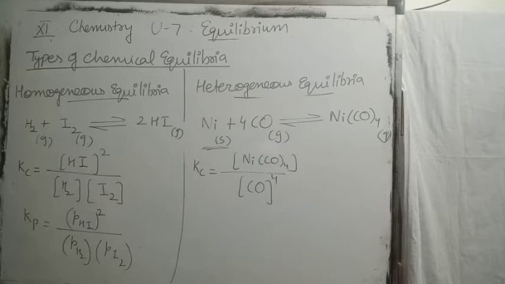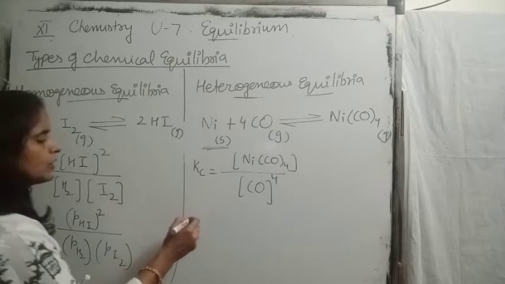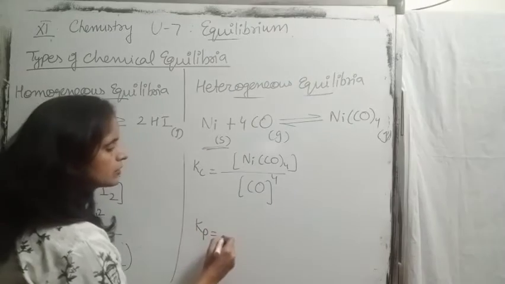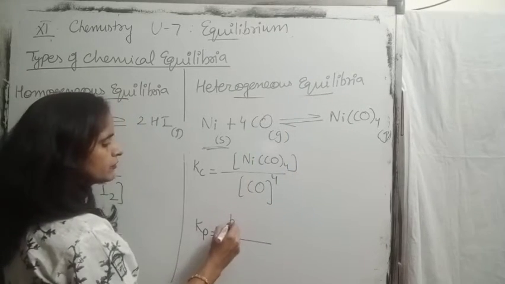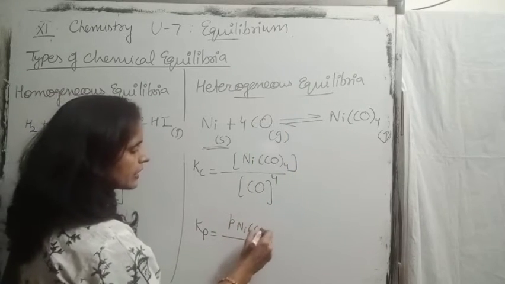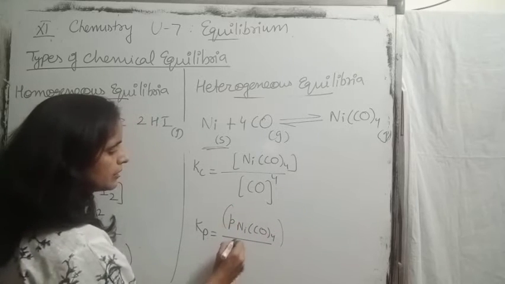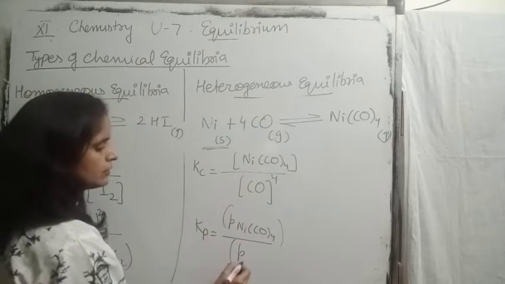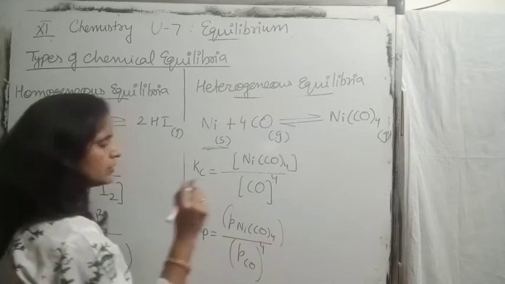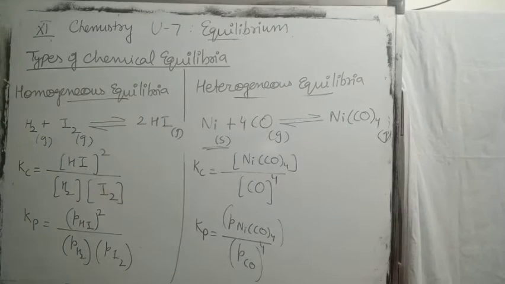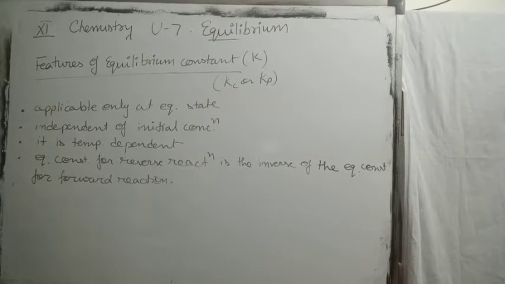Then we write Kp for the similar reaction, only written for the gaseous state: pressure of nickel tetracarbonyl, then pressure of carbon monoxide raised to the power 4. So I think with this, it's clear to you how we express Kp, Kc as well as how to identify whether the given equilibrium is homogeneous or heterogeneous.